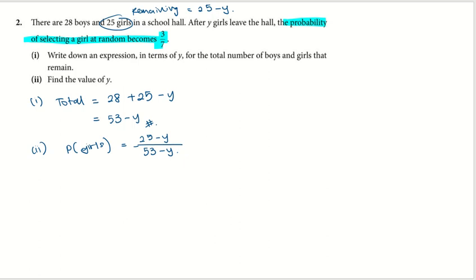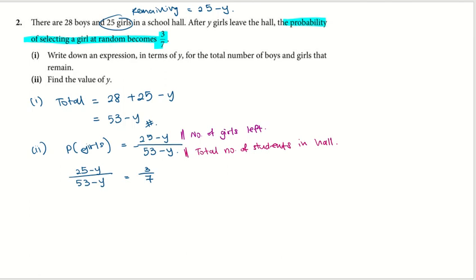The top represents the number of girls left in the hall, and the bottom represents the total number of students left in the hall. This fraction gives me the probability of choosing a girl, and according to the question, this probability is 3 out of 7.